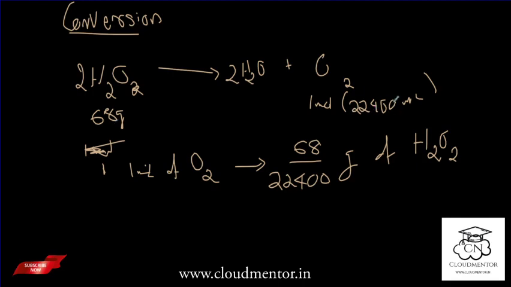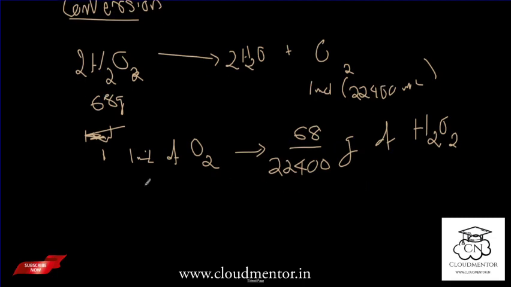Then 1 milliliter of oxygen is got from 68 divided by 22,400 grams of H2O2. That's the conversion factor we have got now. So X milliliters of O2 is got from 68 divided by 22,400 multiplied by X grams of H2O2.